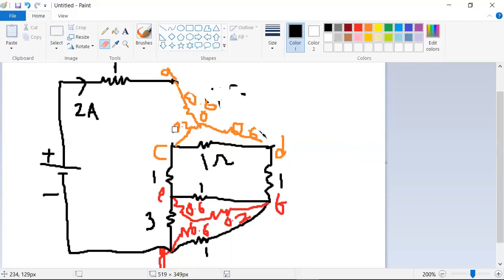Look carefully, I am erasing only the delta connection, which is in black. Next, I am erasing the delta connection in this part.